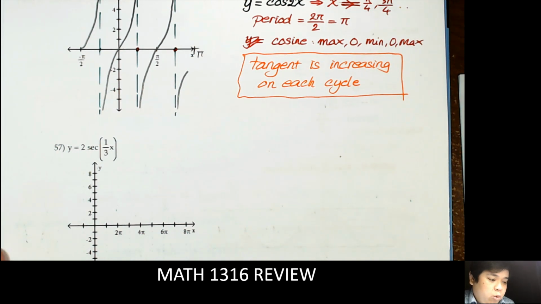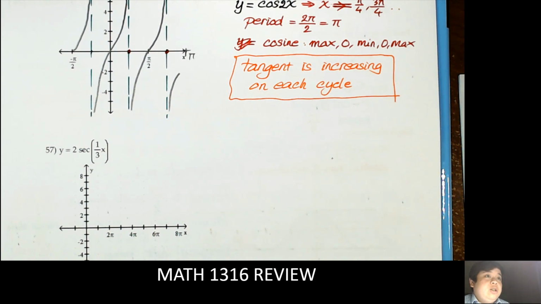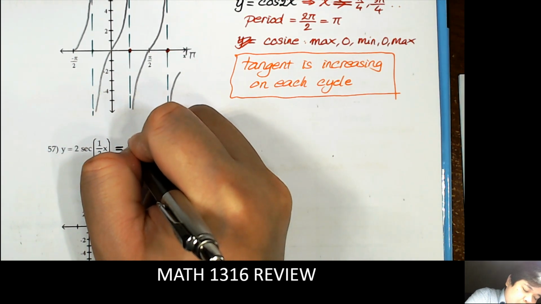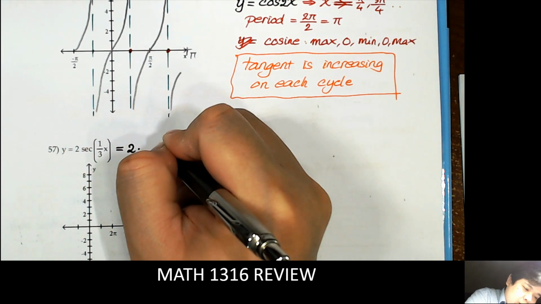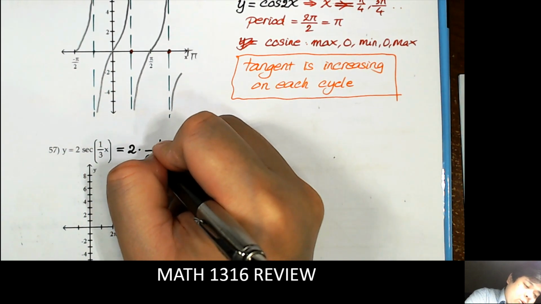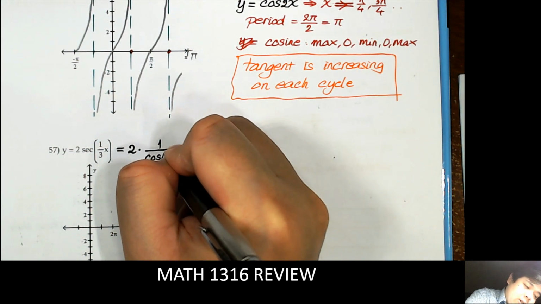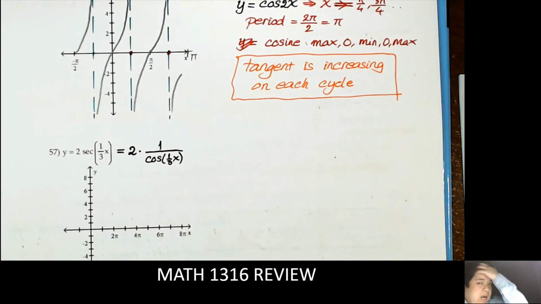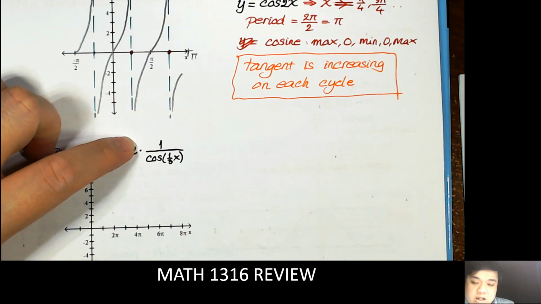Right. Now go to 57. This is the graph of secant. Right. So first, I will write 2 times 1 over cosine, since secant is the reciprocal of cosine. However, we still consider the 2.